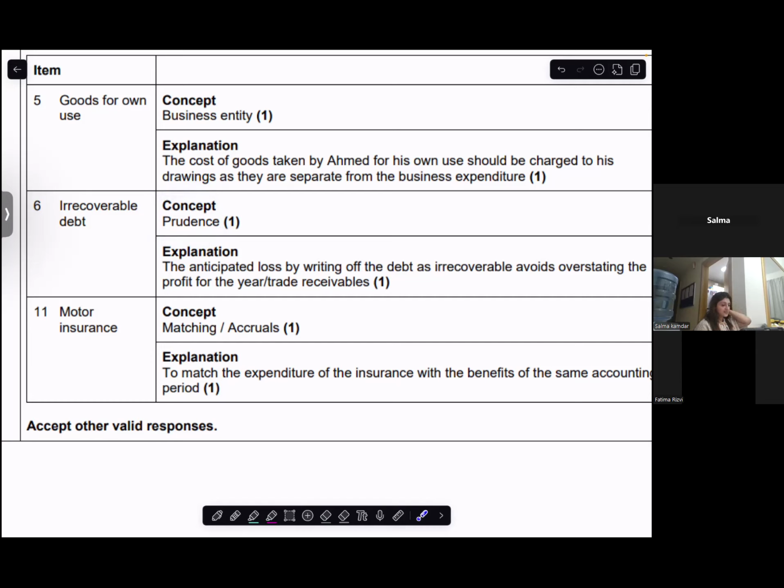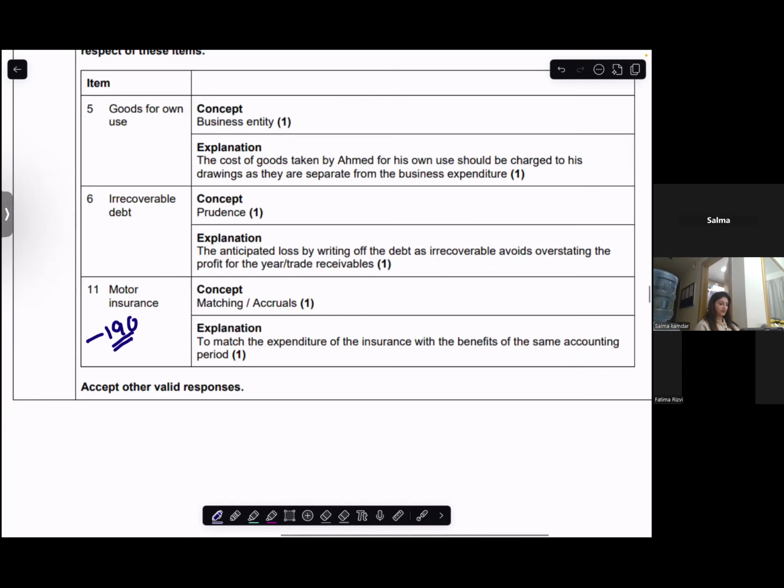What does the prudence concept say? Okay. Motor insurance was 190, which was deducted. Why? What does the matching concept say? You match the expense for the year with the income for the year to get the profit for the year.